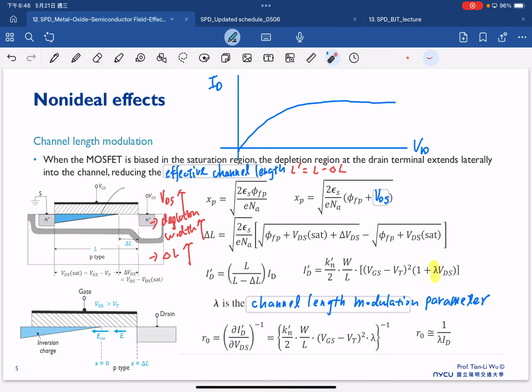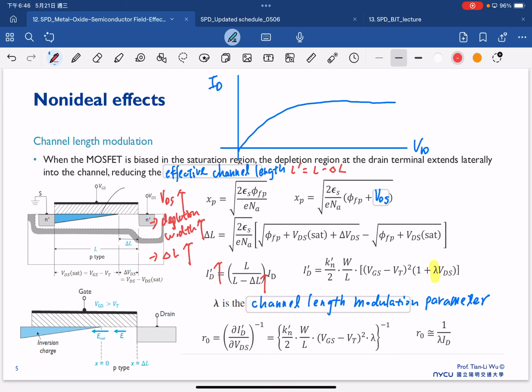Because of the channel length modulation, L prime decreases, and the decrease of L prime means that in the end our ID prime is increased as well.